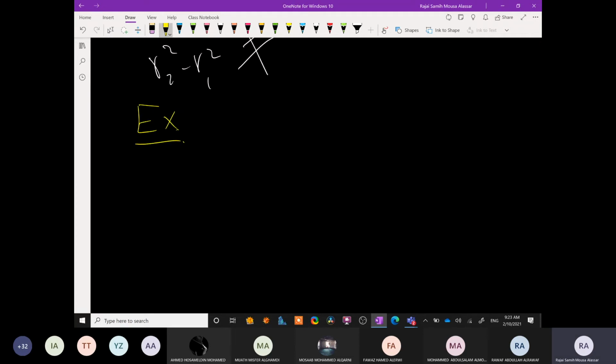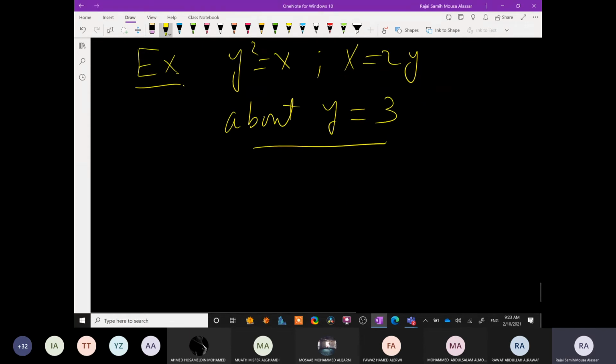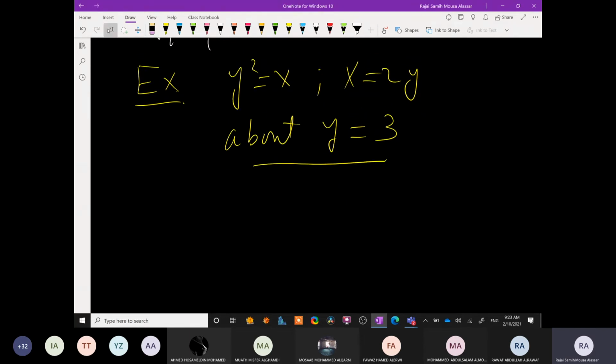Okay, I have y squared equals x and x equals 2y, about y equals 3. Okay, this is an interesting problem. So first of all, let's just sketch these graphs on the side and know what we're talking about.